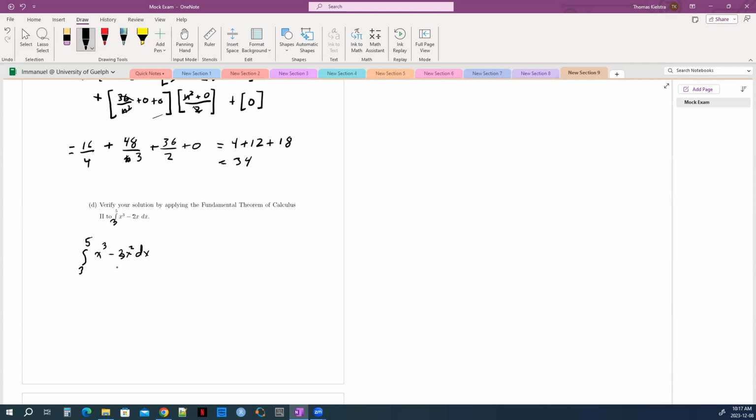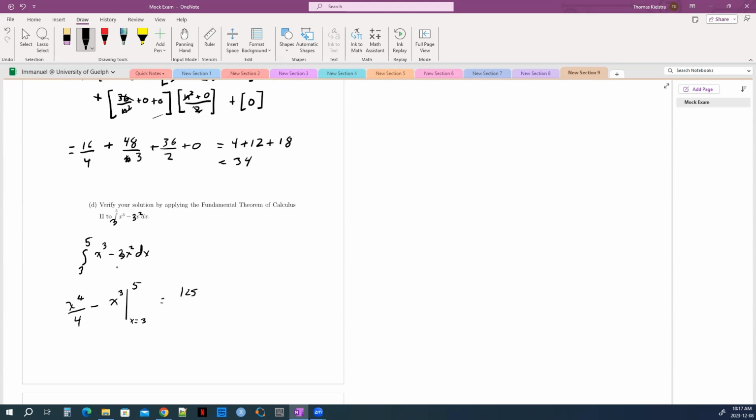So this should be 3x squared dx, which gives us x to the power 4 over 4 minus x to the power 3, evaluated from x equaling 3 to 5.